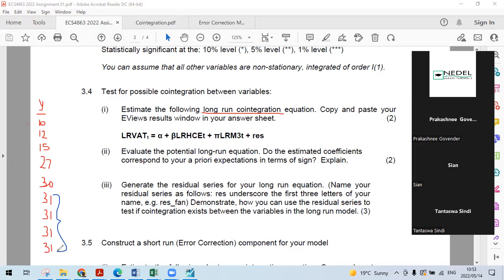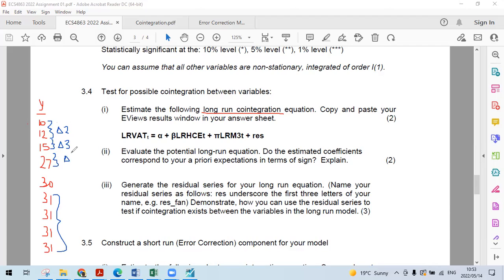Are we together? But when it's changing like this, here there's a change of 2. Can you see that? Here there's a change of 3. Here there's another change. My math is bad. So you know there's a change. Here there's another change, right? Can you see that?